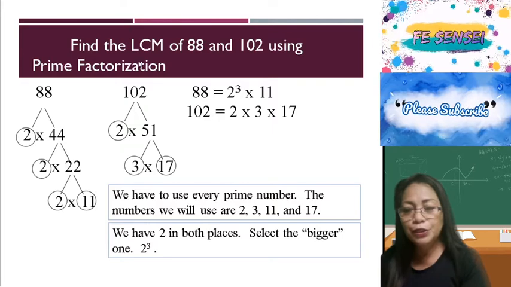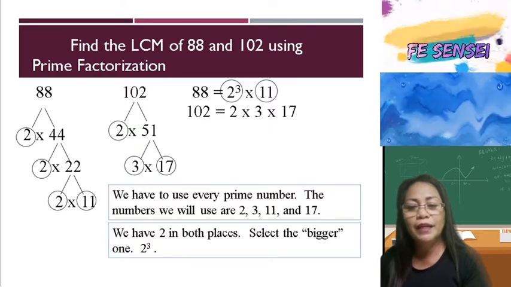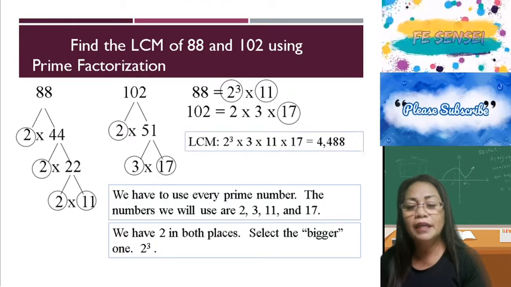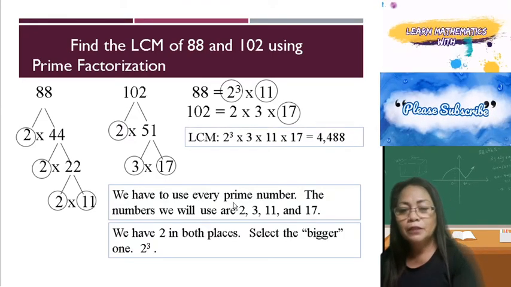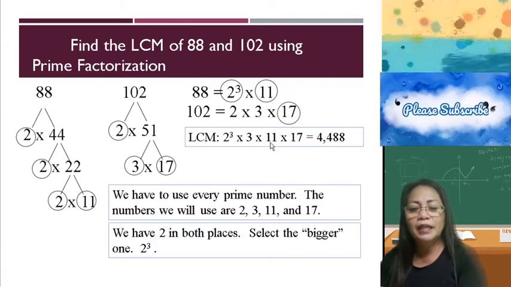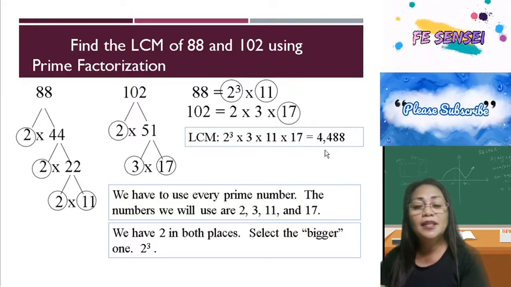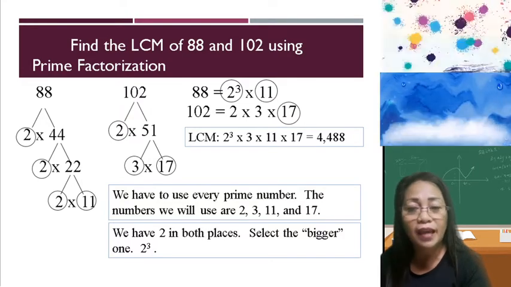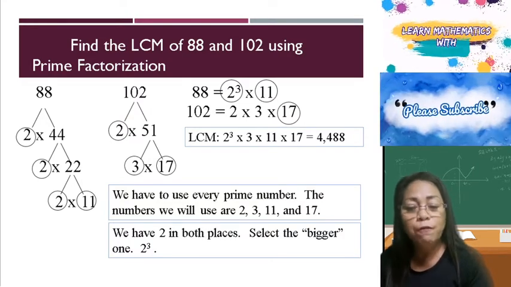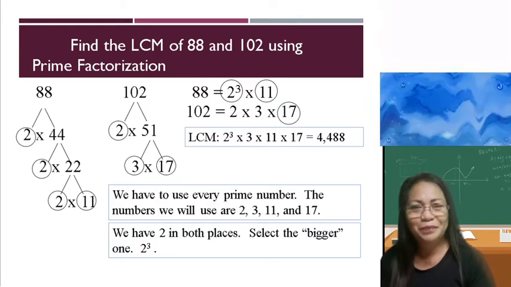So we have 2 raised to the third power times 11 times 17 and times 3. So that is 2 raised to the third power times 3 times 11 times 17. So the least common multiple of 88 and 102 is 4,488.